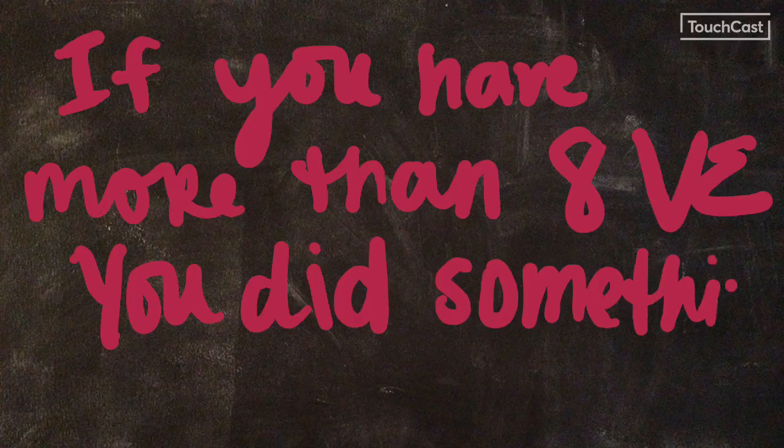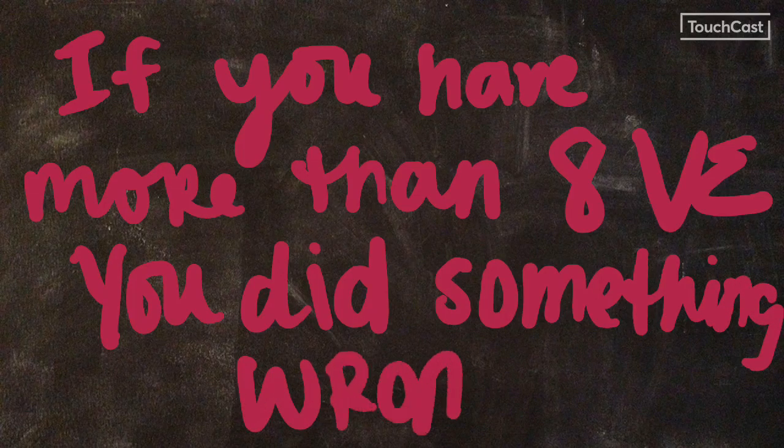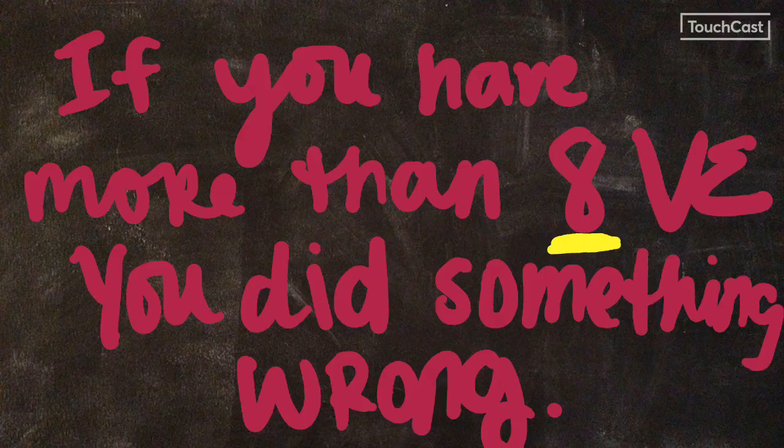Please go back and check your work. Ask me what you did wrong. I'm here to help. But if there is more than 8 valence electrons, you need to go back and check your work because something has gone wrong.